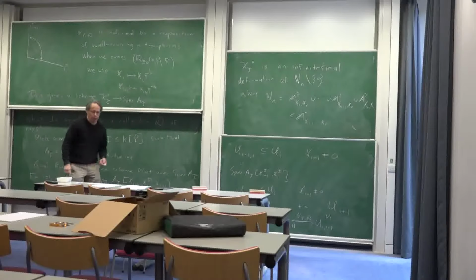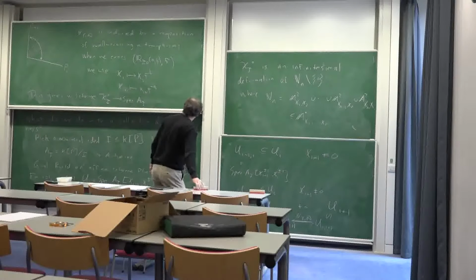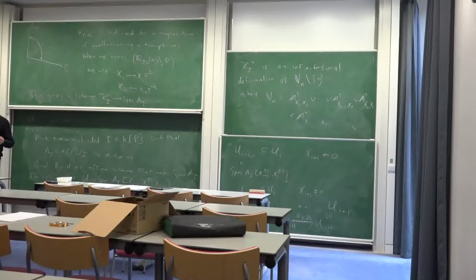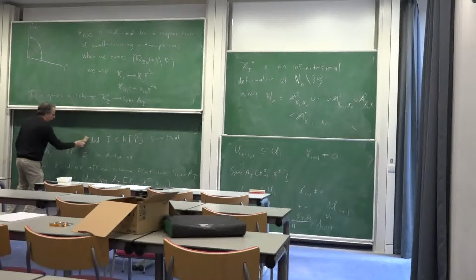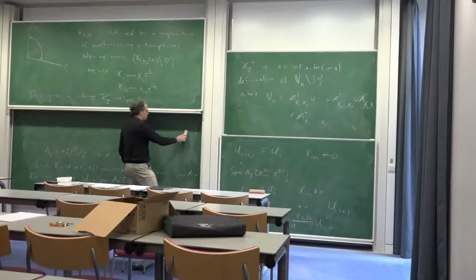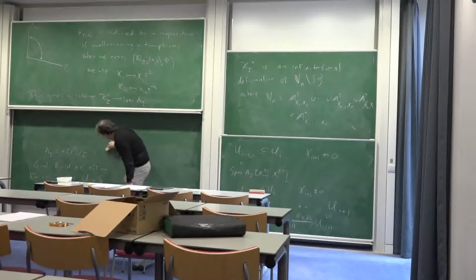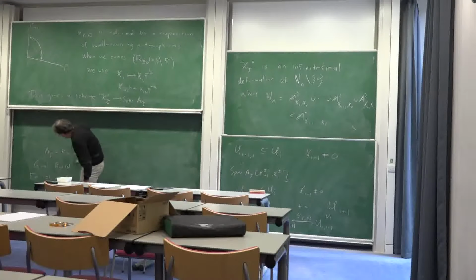Okay, so that's the first step in this. And now here's where the magic happens. So far I haven't used anything special about my choice of scattering diagram. I could have used an empty scattering diagram. I could have used all sorts of possible scattering diagrams. And so here's the main theorem.